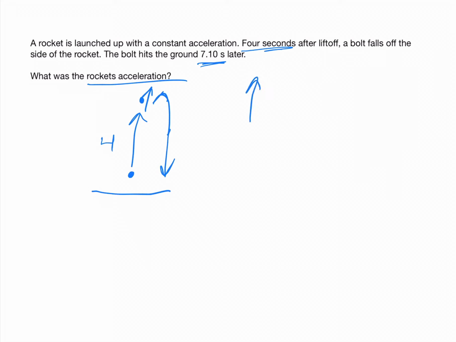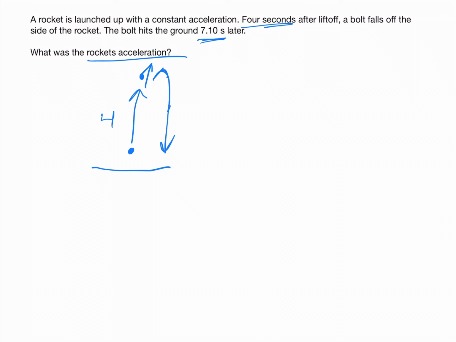Let's look at the height of the rocket after 4 seconds. I'm going to use this equation: h of t is equal to the initial height plus the initial velocity times t plus 1/2 ay t squared, where in this case ay is our acceleration of the rocket.